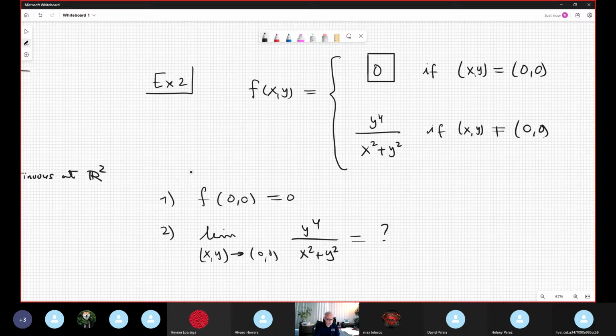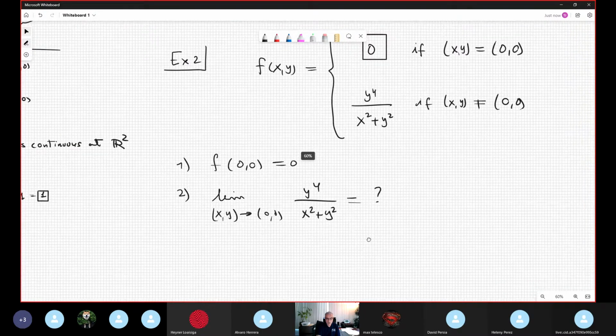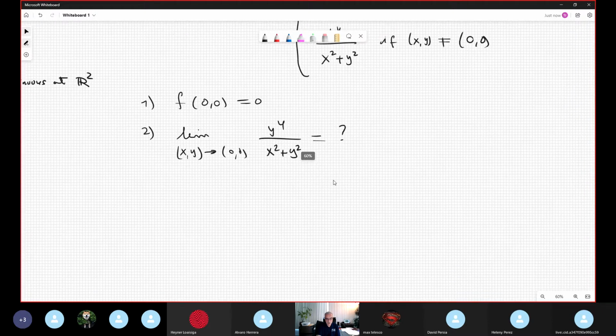Okay. So I want to apply polar coordinates, but you can use squeeze. Squeeze is a little bit sophisticated, because you need to create the inequality, and sometimes you don't see it clearly. So now, okay, I decide polar.